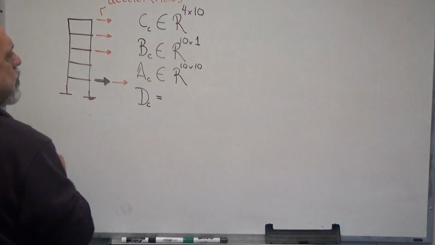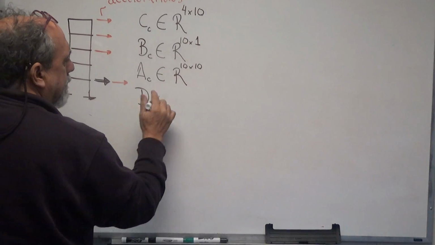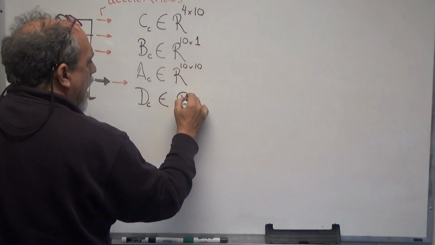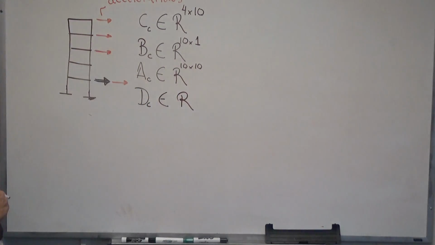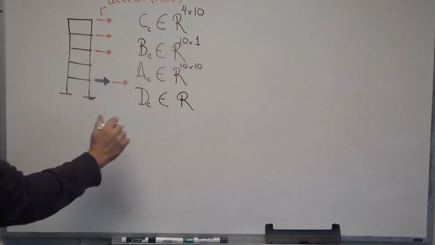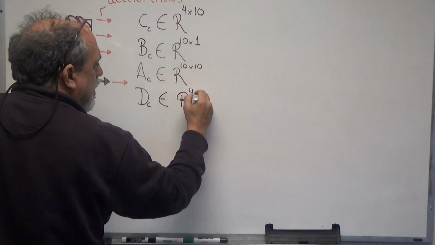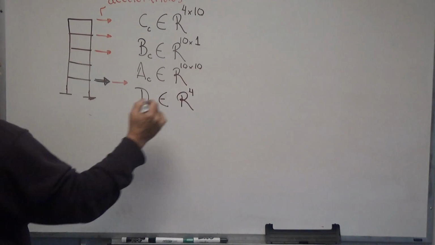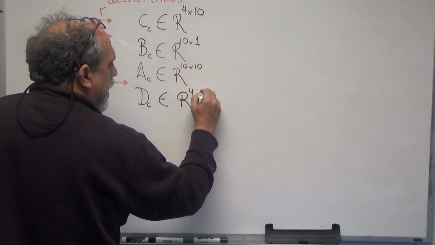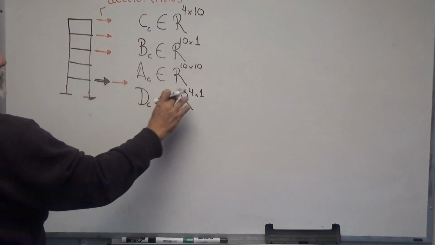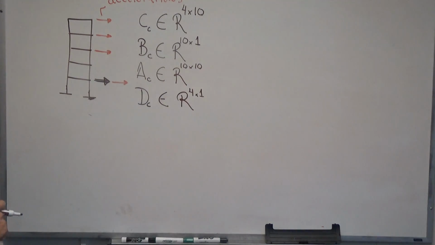And the D matrix would be real. It would have 1, 2, 3, 4 rows, and it would have 1 column, right? Because it has 1 input and 4 outputs. And so those would be the matrices we have.